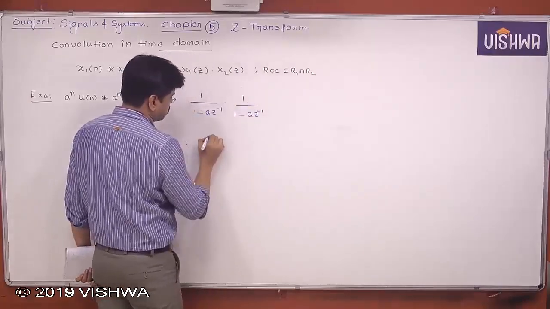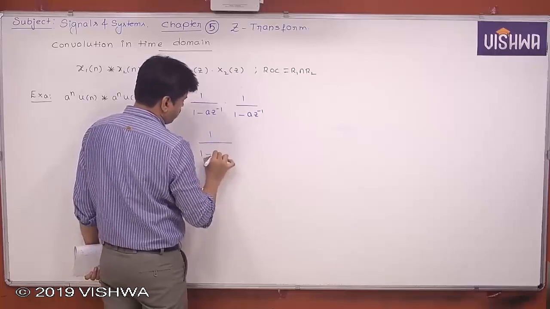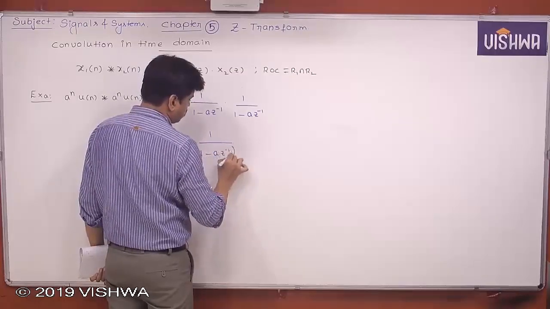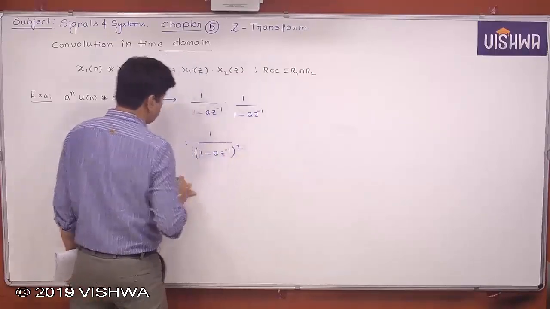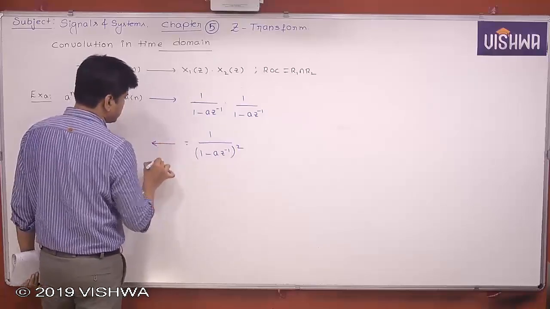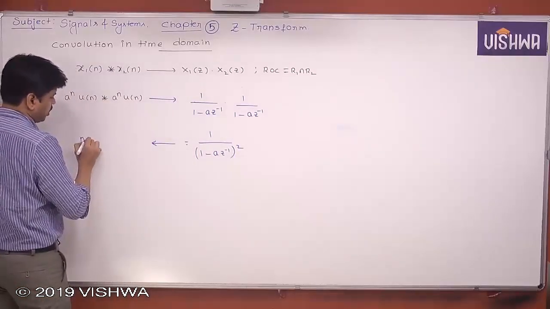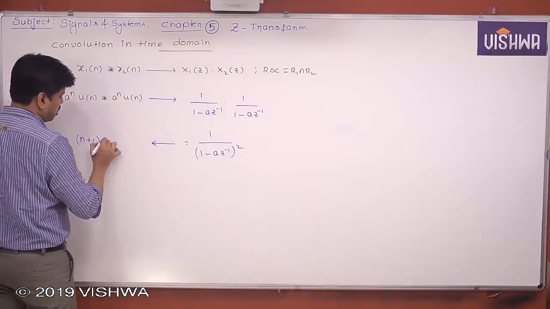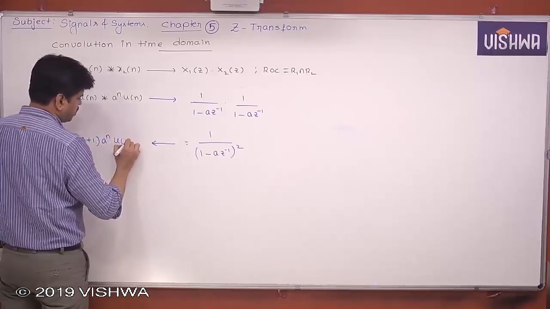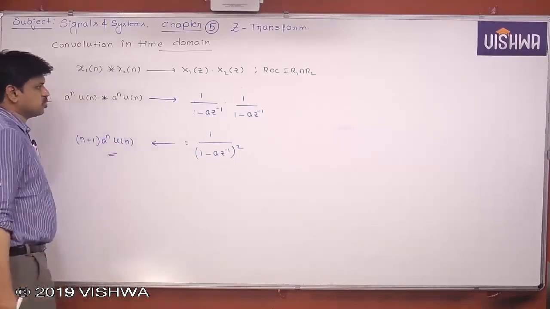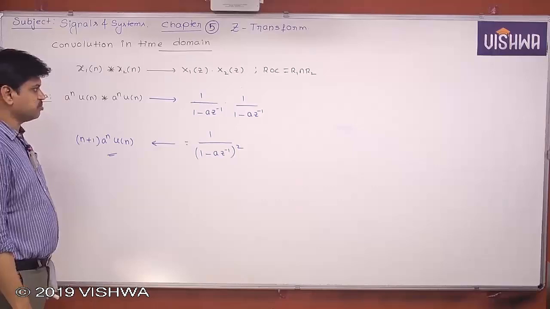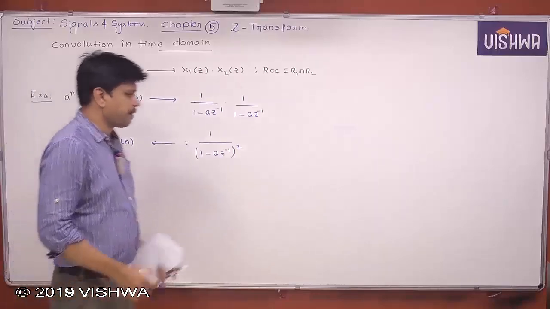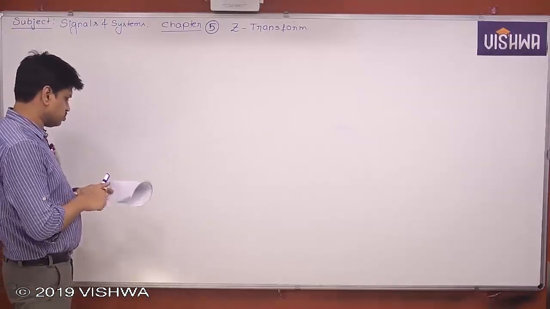So that is equal to 1 by 1 minus a z inverse whole square. For this one, what is the inverse Z transform? We know that it is n plus 1 a power n u of n. Clear? Take it.